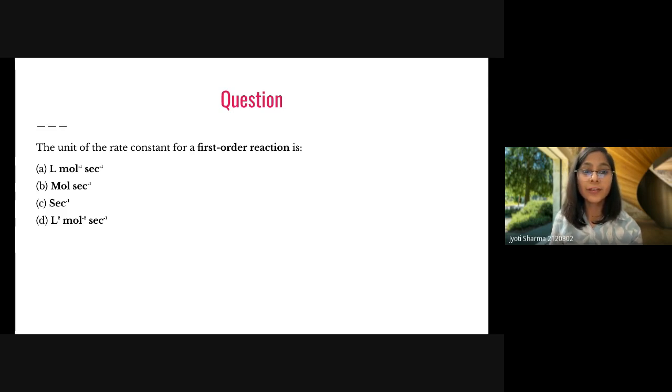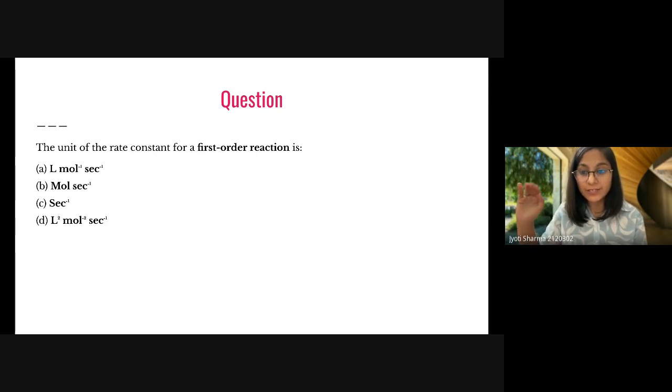The unit of rate constant for the first order reaction is what? Rate constant. We already have calculated this. No, not Smita. This answer is per time, right? We calculated it. Rate is equal to K multiplied by concentration, because concentration is raised to power 1.